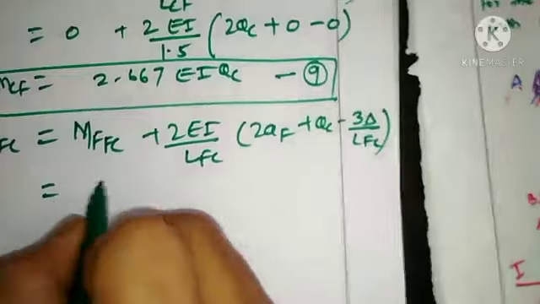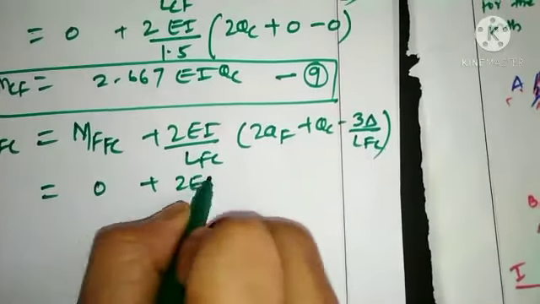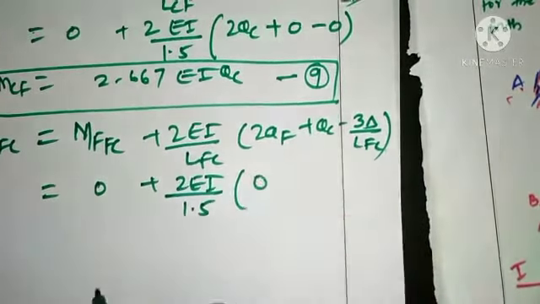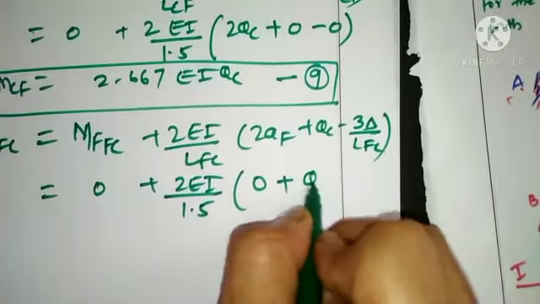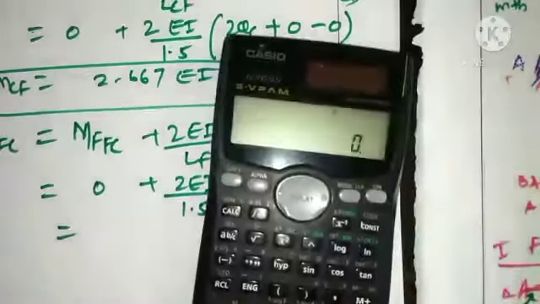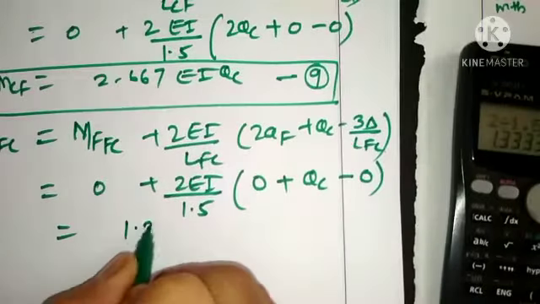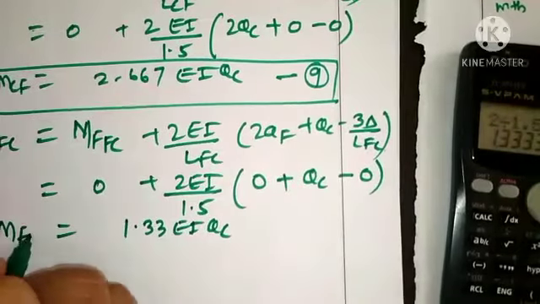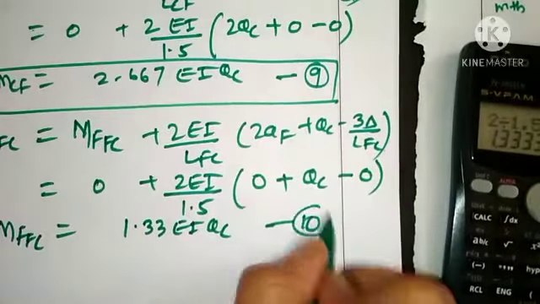MFC will be 0 plus 2EI divided by 1.5. Theta F value is 0. Theta C value kept as it is and the last value will be 0. So 2 divided by 1.5 shall come as 1.33. So this is 1.33 EI theta C. This is MFC, equation number 10.